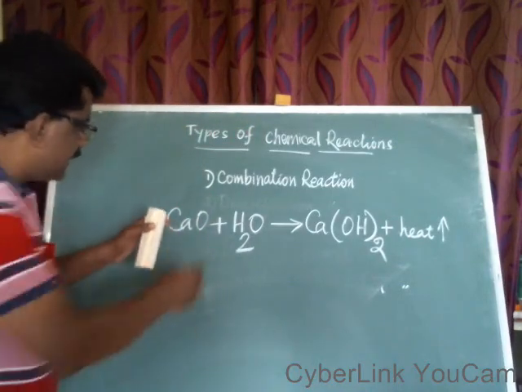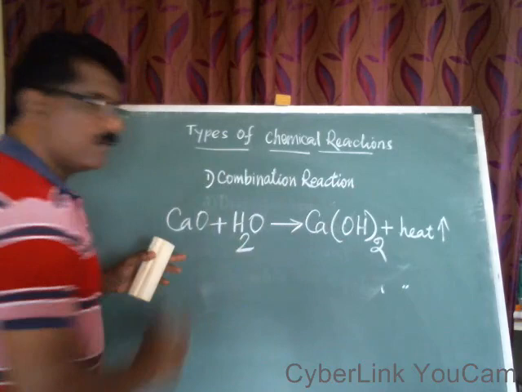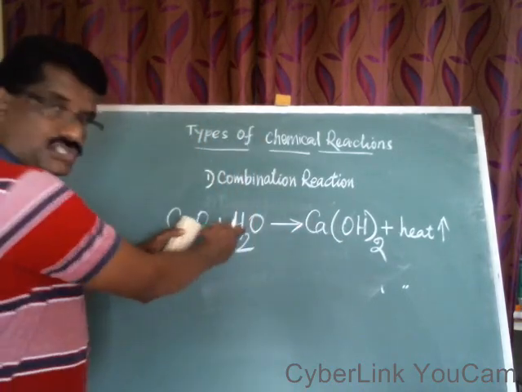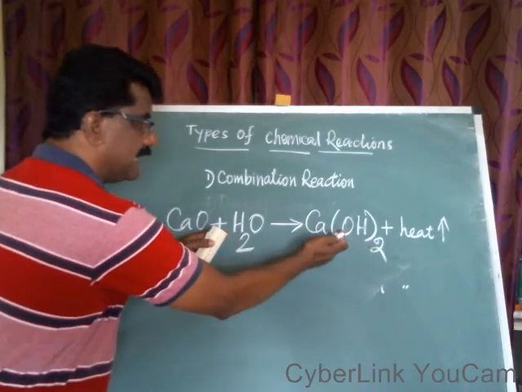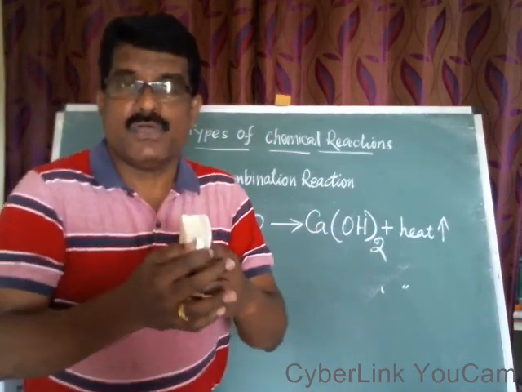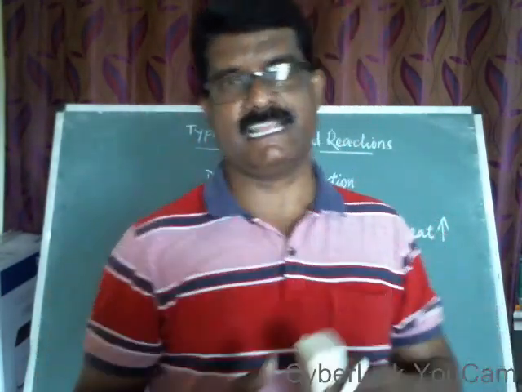See here, calcium oxide, CaO, and H2O, with another O here, both combine together. So, when the reactants combine together to produce a single product, then such a chemical reaction is known as combination reaction.